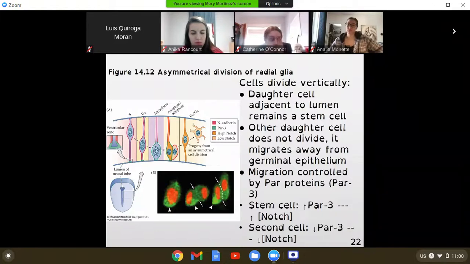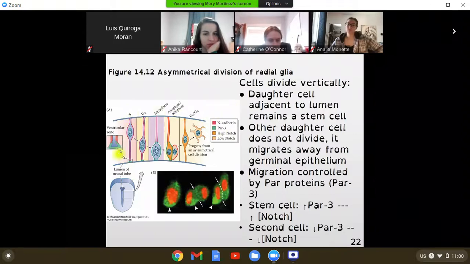So the division of the neuroprogenitor cells at the lumen regulates the exposure of the cells to different paracrine factors that we see here in this little box, okay? So if we look at the outer side, we have a lot of cadherins.